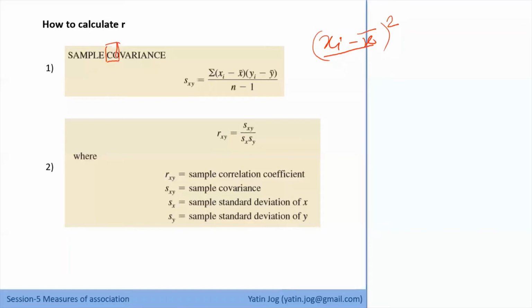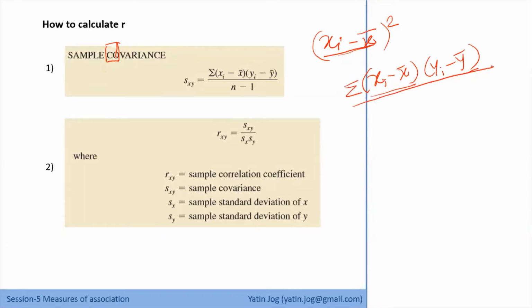So I will say xi minus x bar and yi minus y bar, the deviation of my data points for x from the x bar and for y from the y bar. So instead of taking the same distance twice as a square, I'll multiply the deviations between x and y, and then I'll take the summation.